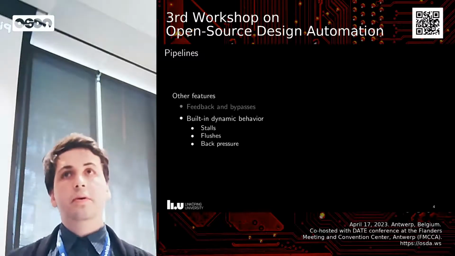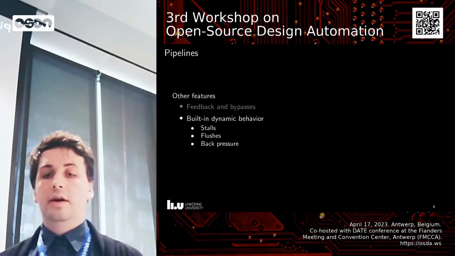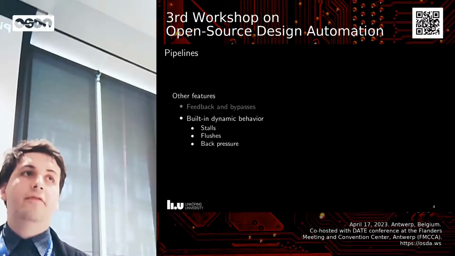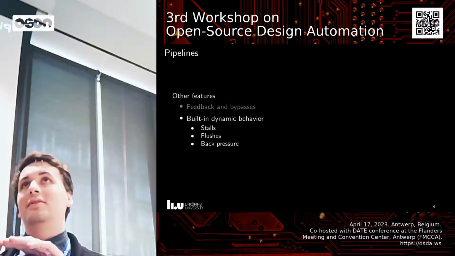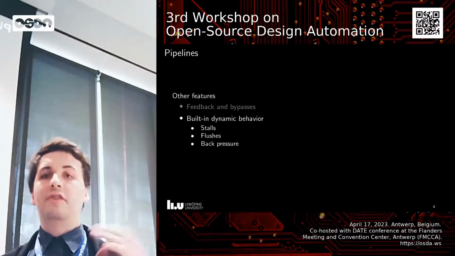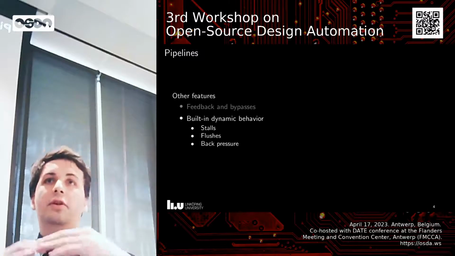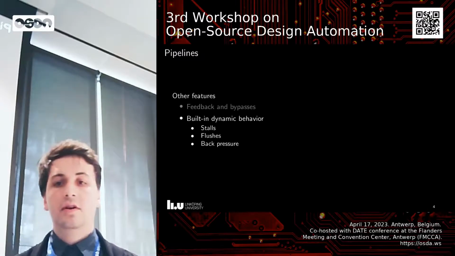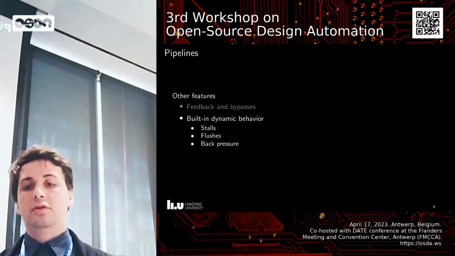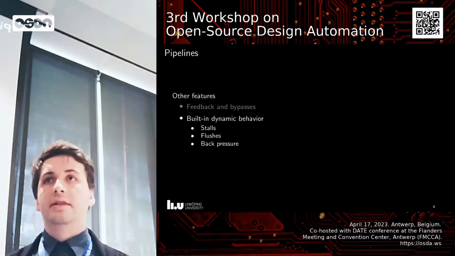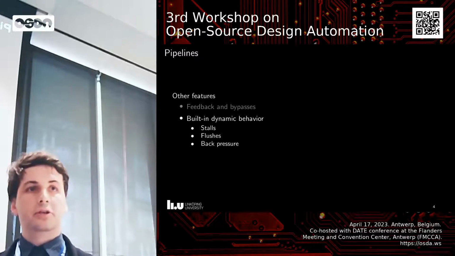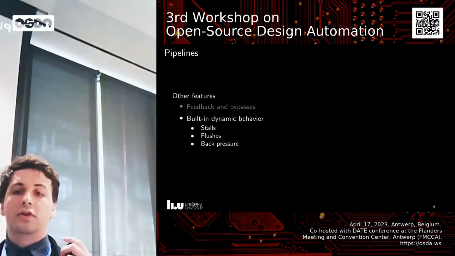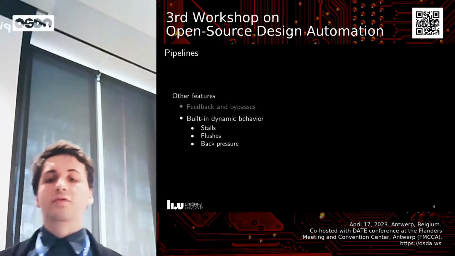You can also do, as of a few weeks ago, some built-in support for dynamic behavior, so you can say that all the pipeline registers in this stage should stall if a condition holds, and then it will stall all the pipeline stages above this. And this allows you to do correct flushing, and there's almost enough support in the language now for doing back pressure negotiation between the pipelines, so you can solve that as well in a structured manner.